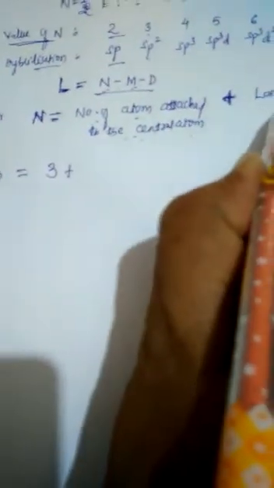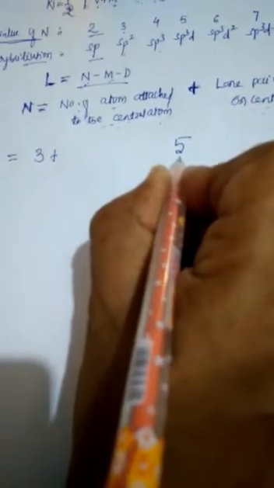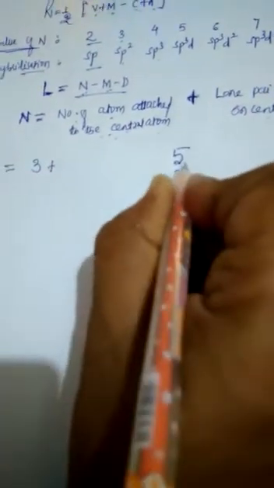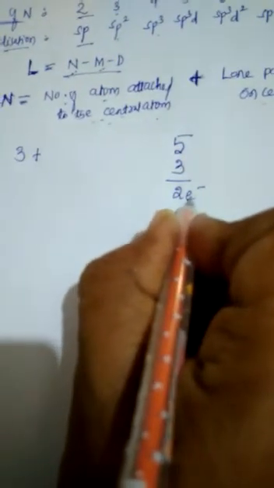To find the lone pairs of electrons on the central atom, see here: nitrogen belongs to group 15, so valence shell electrons are 5. Out of 5, 3 electrons are involved in bonding. So how many electrons are left out? 2 electrons.